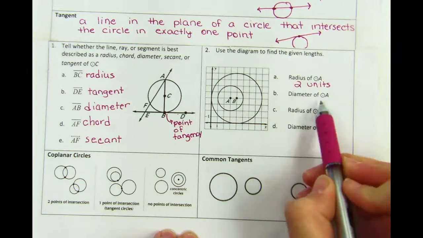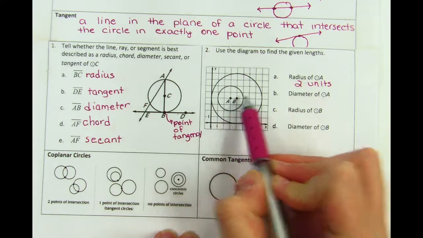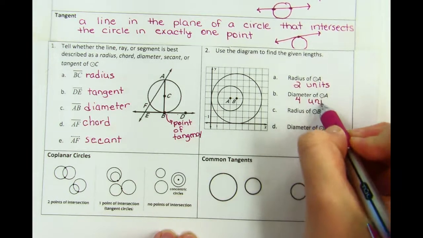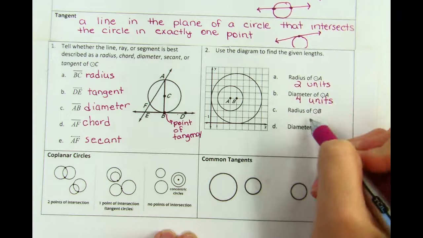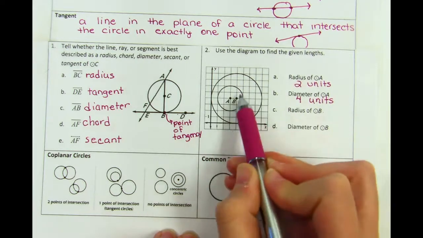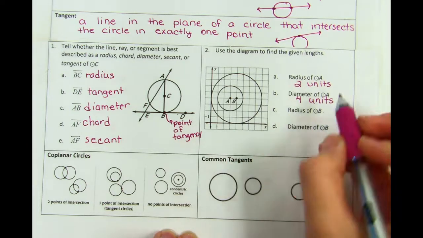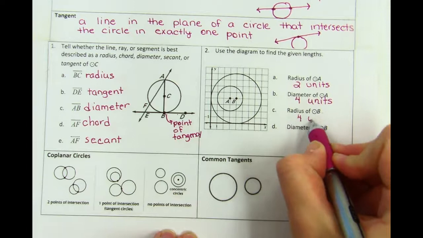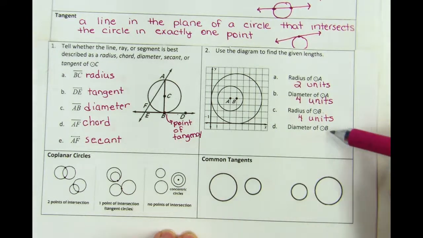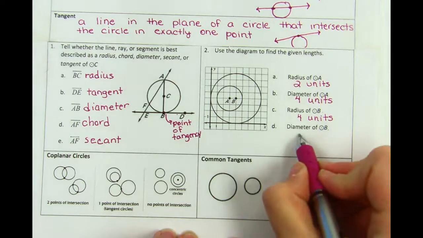And then the diameter of circle A, 1, 2, 3, 4 units. The radius of circle B, so now we're talking about the big circle with the center at point B, would be 1, 2, 3, 4 units. And the diameter of circle B was going to be 8 units.